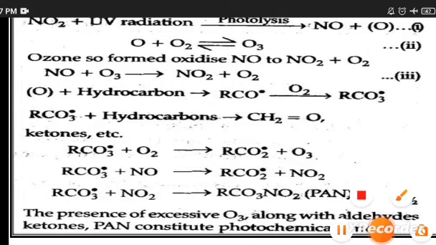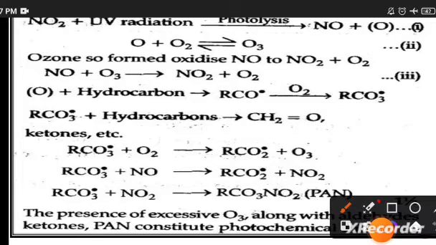As we have learned in the previous video that nitrogen dioxide helps in the formation of ozone, whereas nitric oxide helps in the destruction of ozone. So, in the presence of sunlight, photolysis of NO2 or nitrogen dioxide takes place, which gives us NO, that is nitric oxide, and one nascent oxygen.